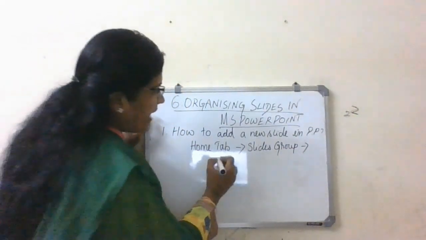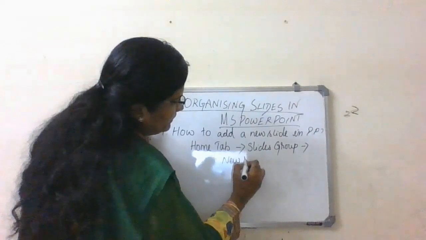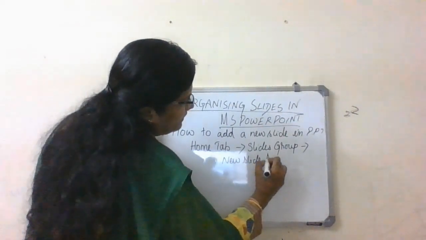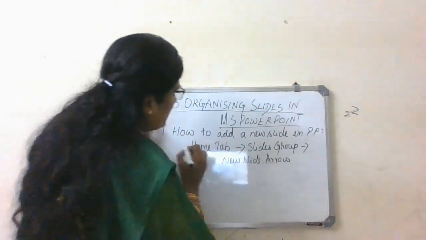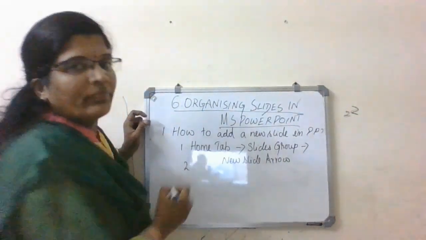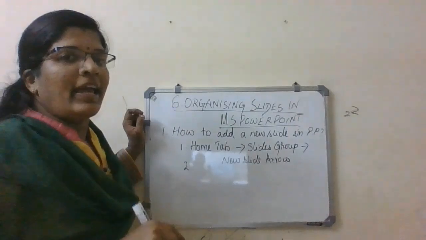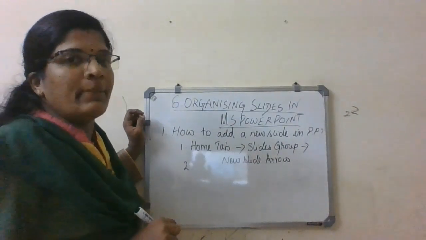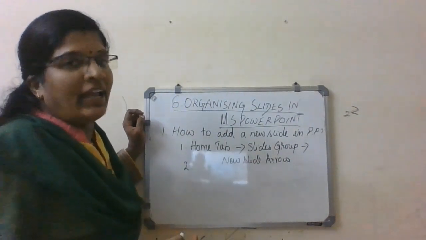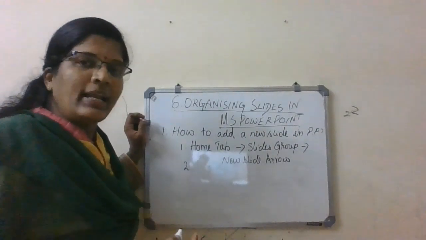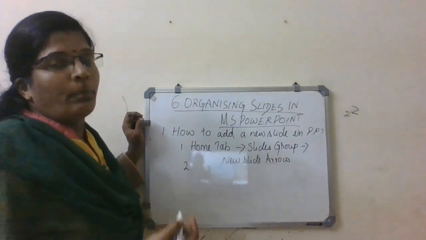Then New Slide arrow. So that is the first step. When you click on New Slide arrow, you will see a layout. Office theme box appears with different layouts. So you have to select the type of layout you prefer.